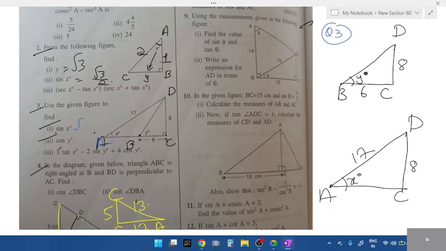So what's the value you got, Sasha, for both? Okay, for the first one, 10. Good.